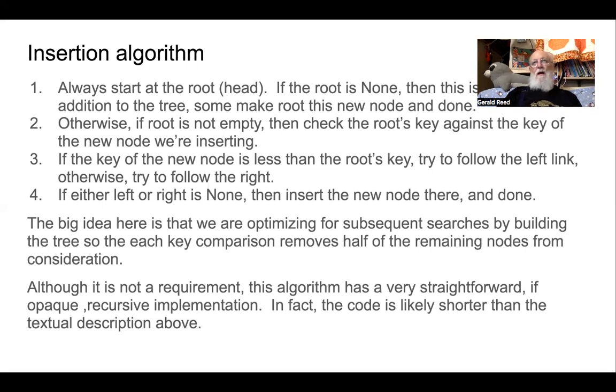The idea is that adding a node anywhere in the tree is essentially the same operation. So a tree is a tree of subtrees of subtrees of subtrees. That yields this recursive implementation that is very efficient and very short. That code is probably only a few lines long, and you can see how that's done in the Zybook.